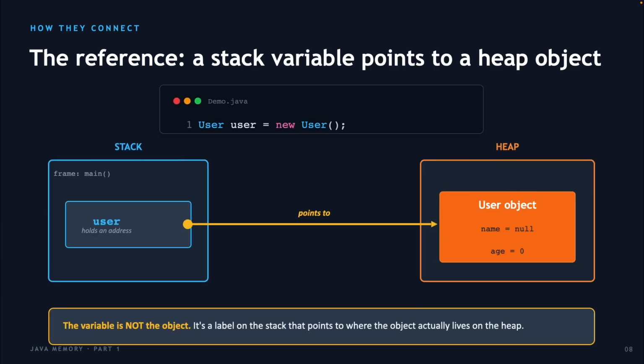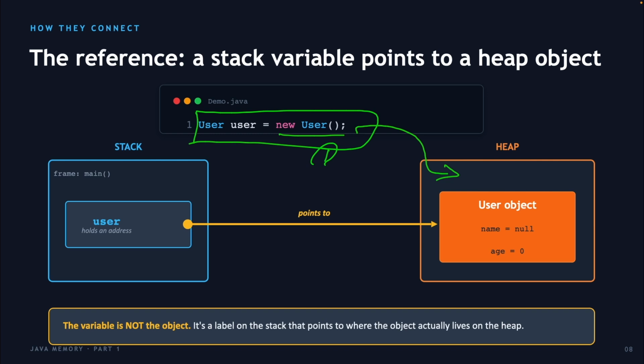So the most important idea in this whole series is this current slide, the reference. Now look at the line: User user = new User. Two separate things happen here. First, new User creates an actual user object, and since it is an object, it lives in the heap area.